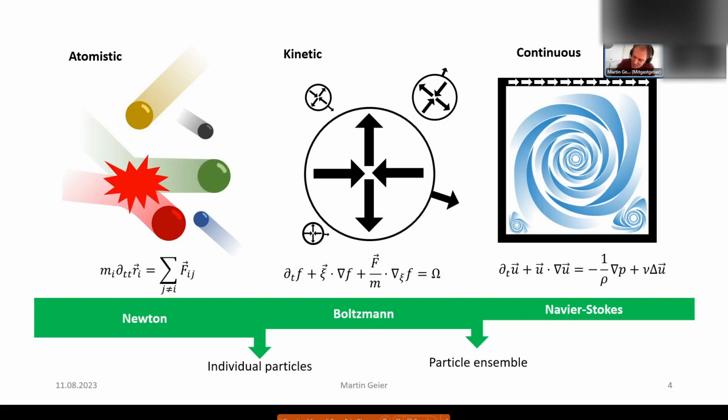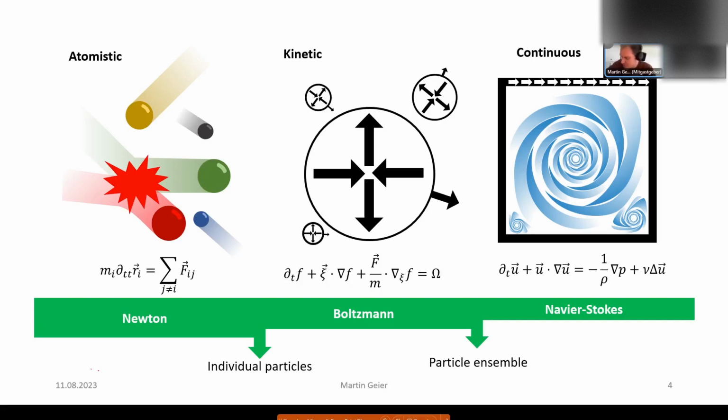So you can go to a Newton description where you have particles flying around, and these particles collide with each other or interact with each other. So you have an atomistic view.